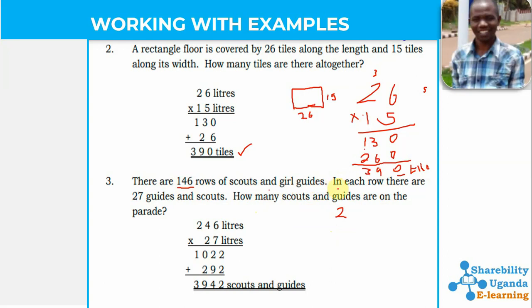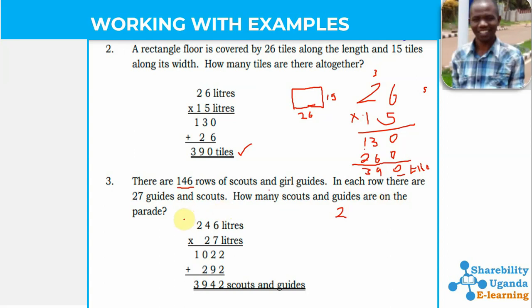Then they are saying in each row there are 27 guides and scouts. How many scouts and guides are on the parade?